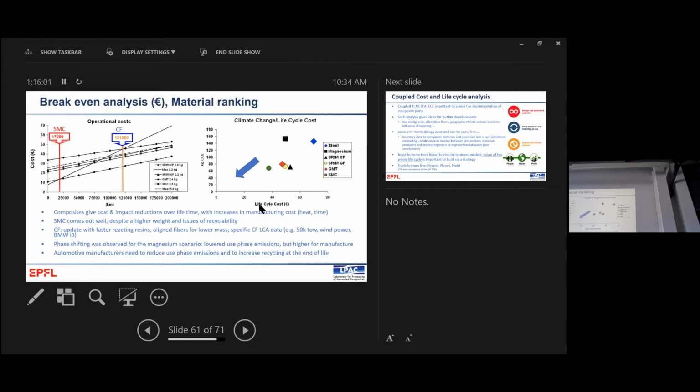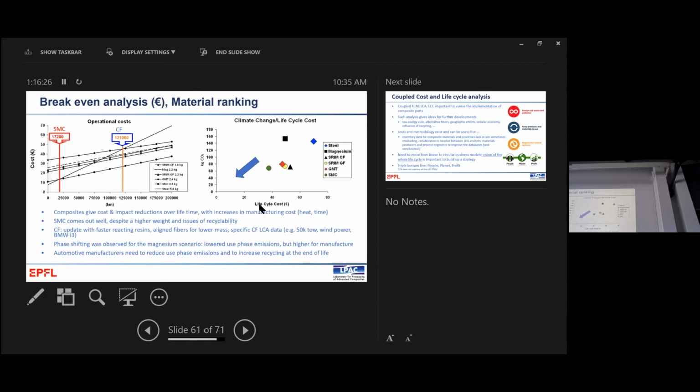You can spend a bit more money, and with glass composites you can break even at quite a low distance. The carbon fiber doesn't look very good because of its weight, because of the reactivity of the polymer, and because of the fiber cost they've assumed. If you redid this today, it would be much more attractive than it was 15 years ago.